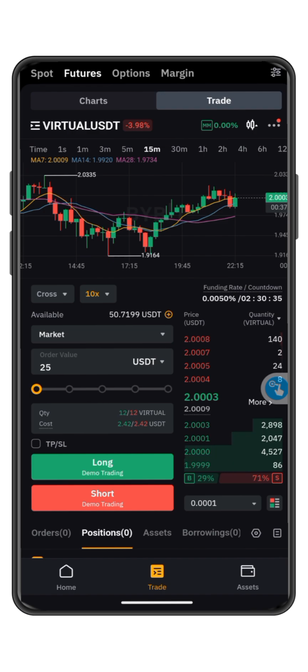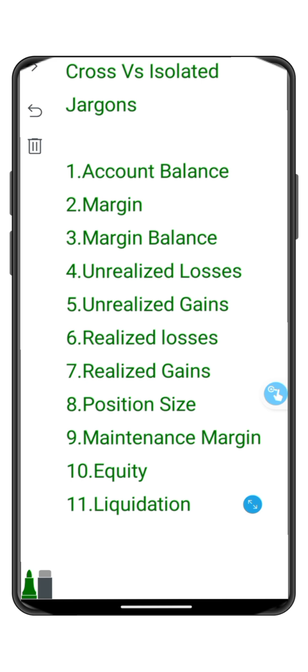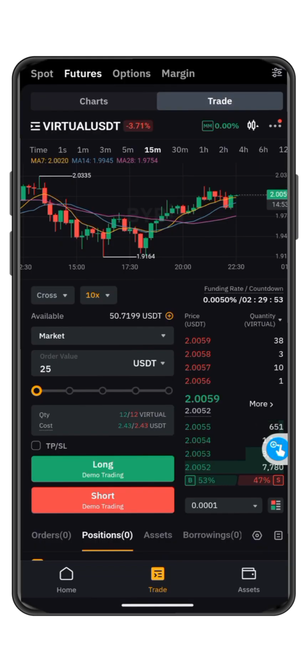All right, so in futures trading, what do we mean when we use the word account balance? Well, account balance is the money you've deposited into your futures trading account. So this right here is my account balance.